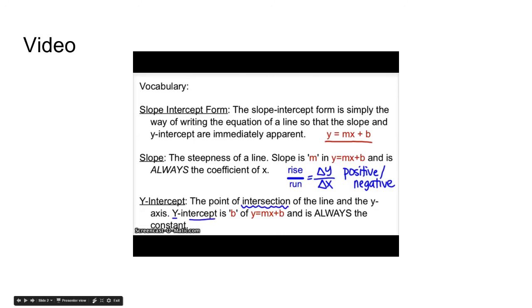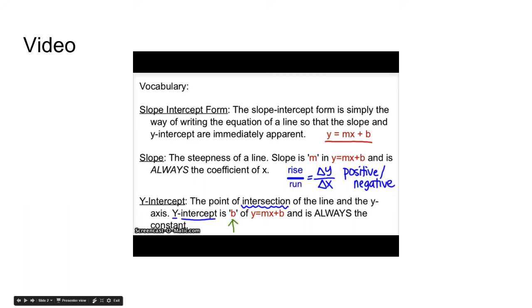It is also called an intercept, kind of like when a football player intercepts the football from the quarterback that was trying to hit a receiver. The y-intercept is the b of slope-intercept, y equals mx plus b form, and is always the constant.